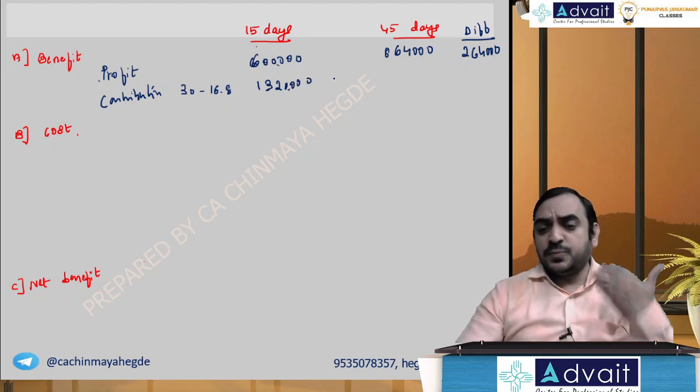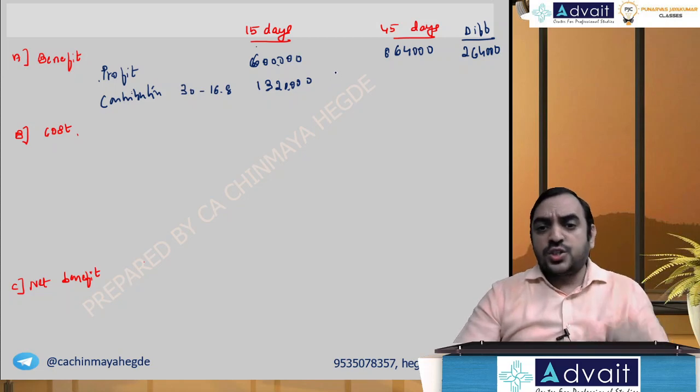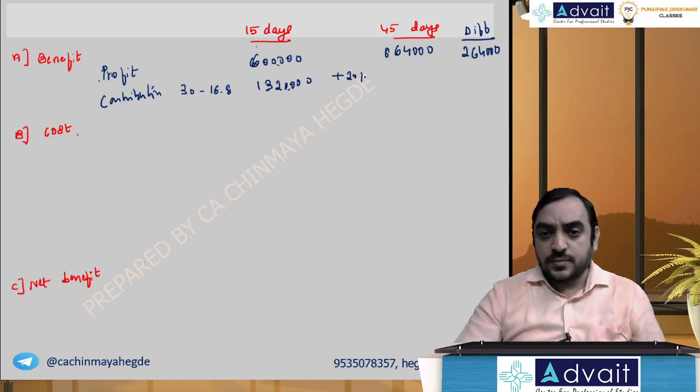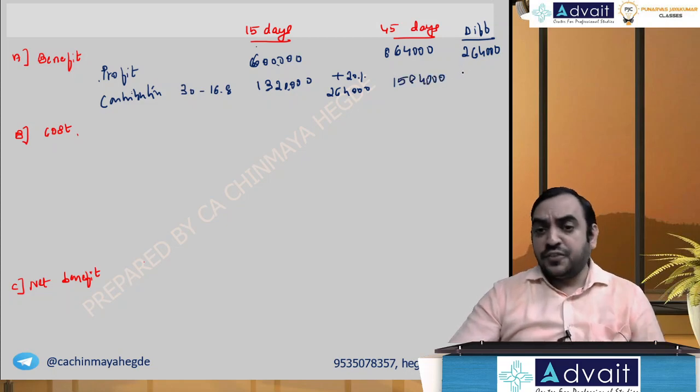And your sales increase by 20%, variable cost increases by 20%, so contribution also increases by 20%. 13 lakh 20,000 plus 20% means you add 2 lakh 64,000, and you get 15 lakh 84,000. And you get the difference as 2 lakh 64,000.